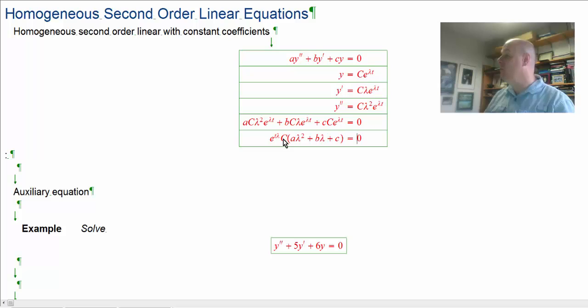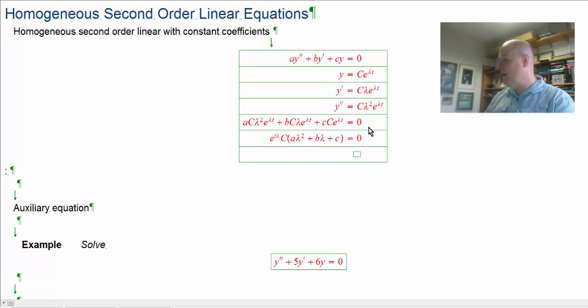Anyway, none of these pieces can be equal to 0, so the only option for solving this is if a lambda squared plus b lambda plus c is equal to 0. So this is what we're going to call then the auxiliary equation.